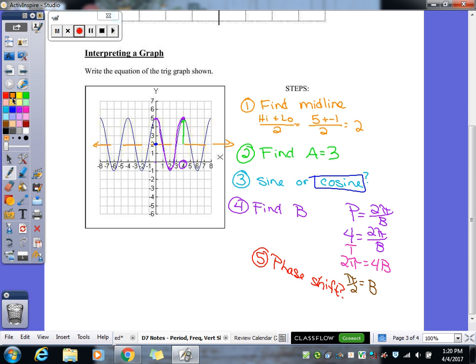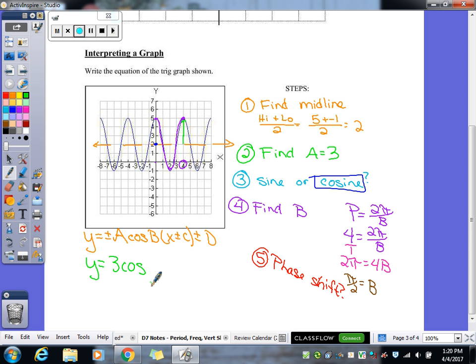So now we can finally go ahead and write our equation, which if you remember, goes off of what we had at the beginning. A is out in the front. This one's a cosine curve. So I'm just following along with what we had. So we said our A value was a what? 3. So this is going to be 3 cosine.